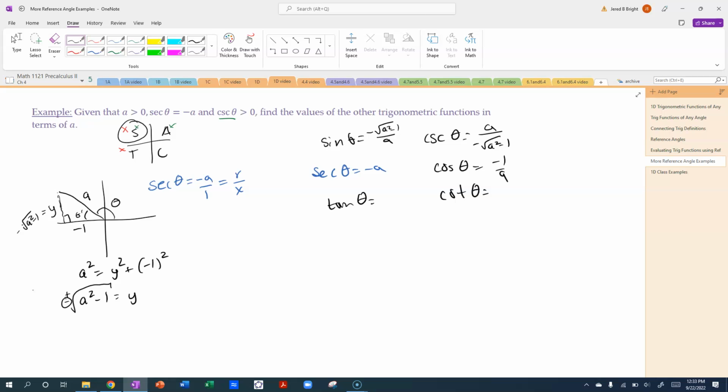Tangent is negative square root of a squared minus 1. Just kidding, negative square root of a squared minus 1 over 1. And then cotangent would be the reciprocal, negative 1 over square root of a squared minus 1. Okay, and again, simplify as you desire. Okay, but that's the idea.